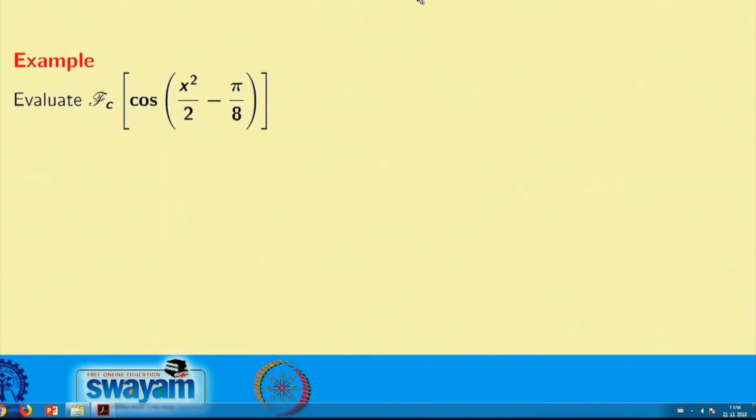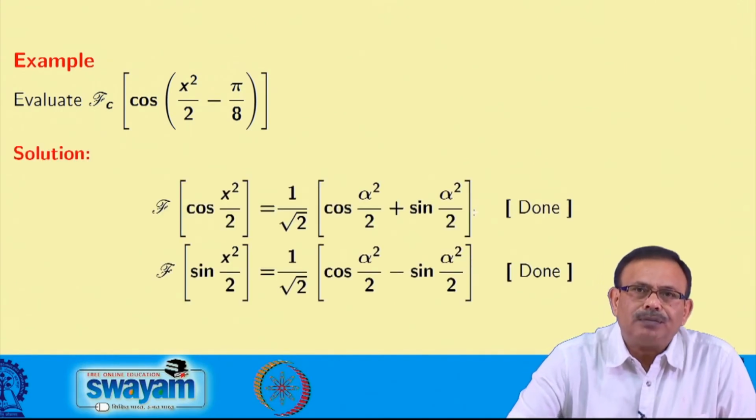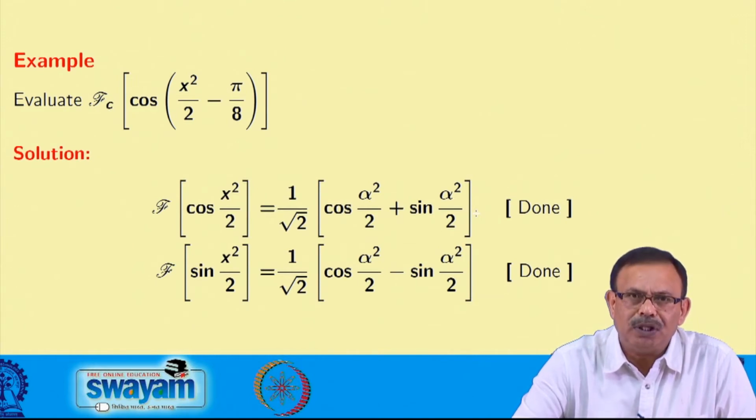Let us see here. Again you see I am just using certain transforms of functions whose transforms are known to me, like Fourier transform of cos of x square by 2 and Fourier transform of sin of x square by 2 are known to us. Already we have done it earlier.